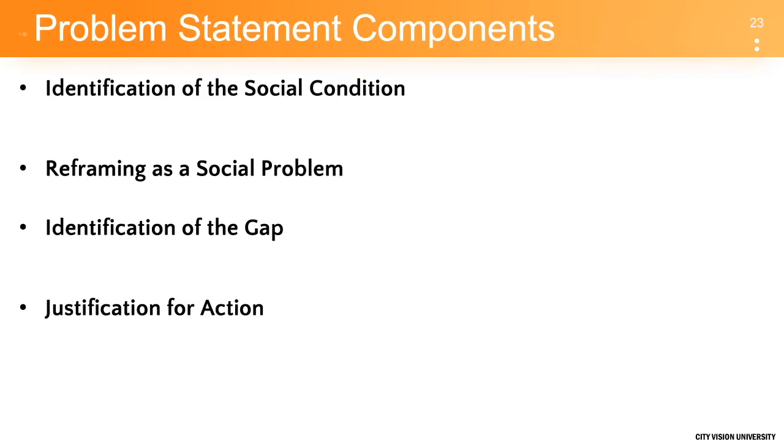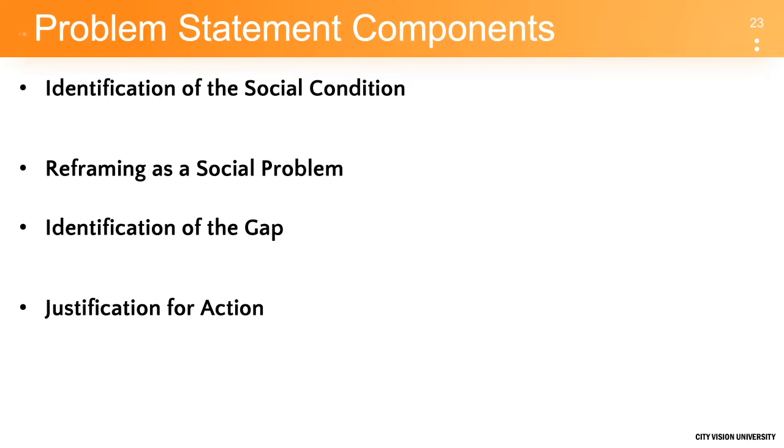It all starts with identifying a social condition. And that's just a factual statement of something that is, without any sort of interpretation and labeling that goes with it. And then in step 2, then you reframe it as a social problem. And again, Kettner's book does a really good job in getting to the basis of what is a social problem. And then you identify the gap, which is step 3. And then lastly is you provide a justification for action.